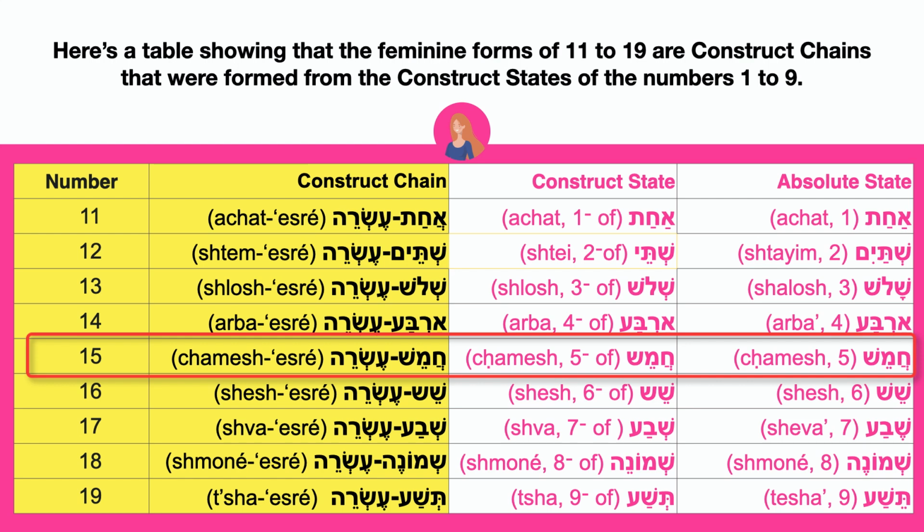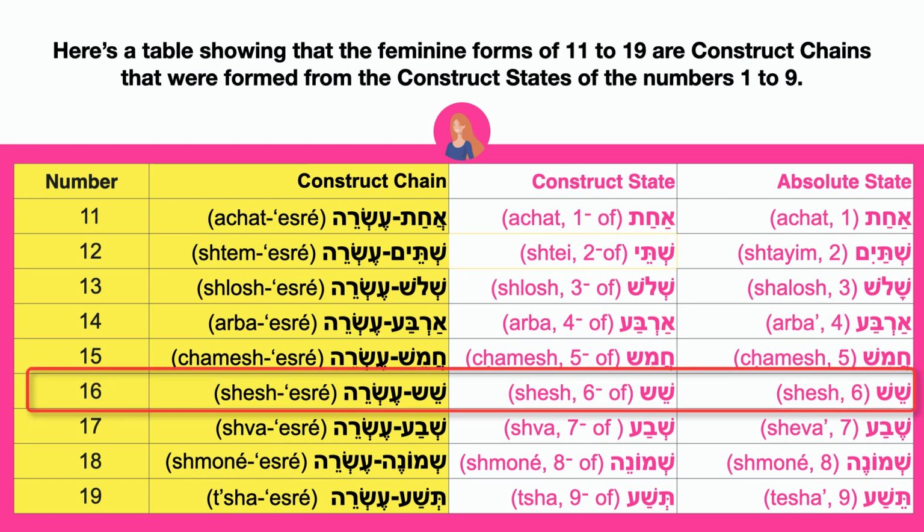Chamesh is the absolute state of the feminine form of the number 5, and its construct state is also pronounced chamesh. Added to esre, which is 10 in the feminine, it's chamesh, 5, plus esre, 10, that's 15. Chamesh esre.